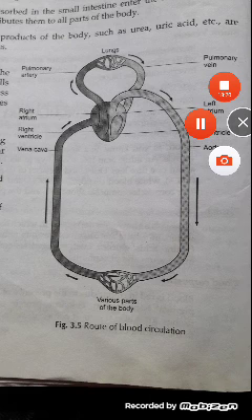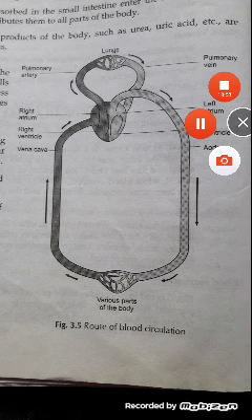The opening of the aorta is also guarded by a valve. Deoxygenated blood is collected from different parts of the body by small veins. Now these open into larger veins, which bring the blood back to the right atrium.